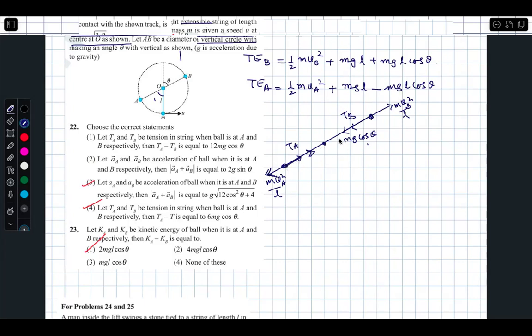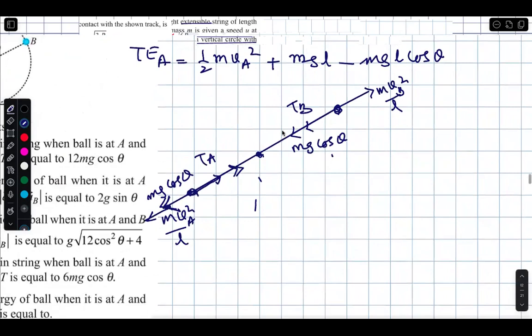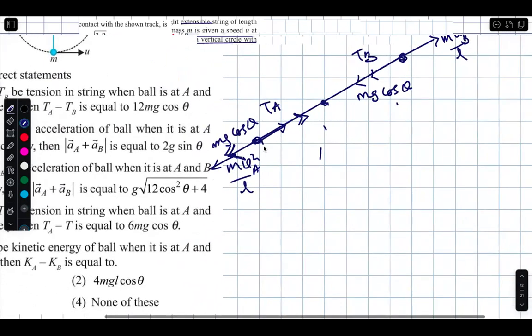Again, the same situation, no? If this is theta, now this time mg cos theta is in this direction. Please see whether you understood this case or not.